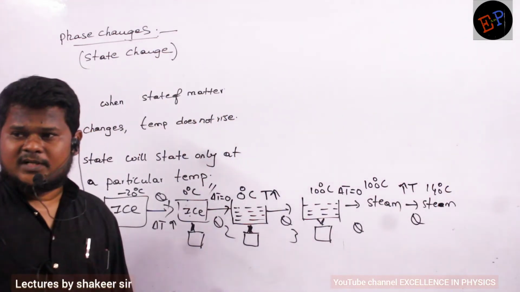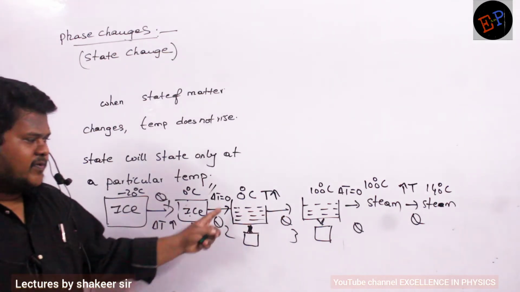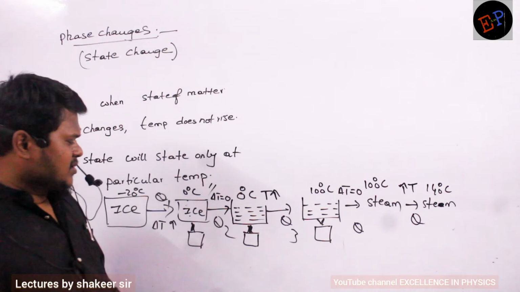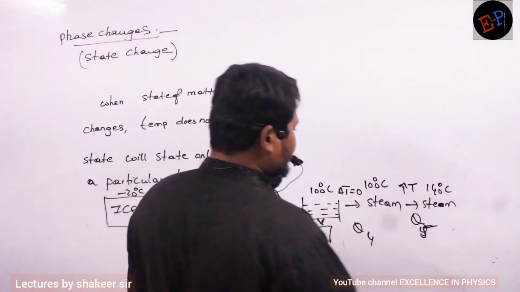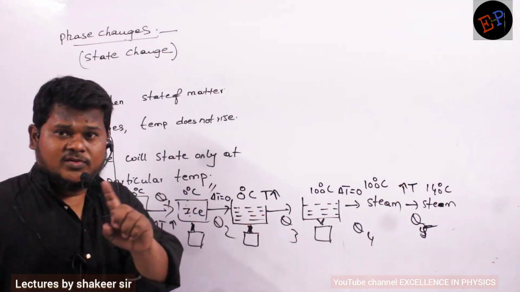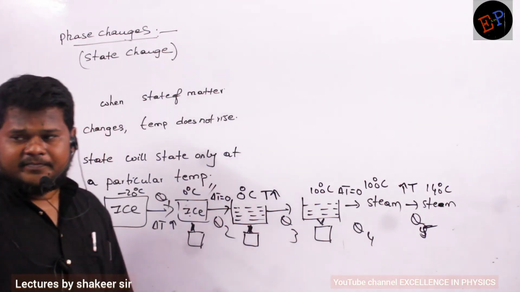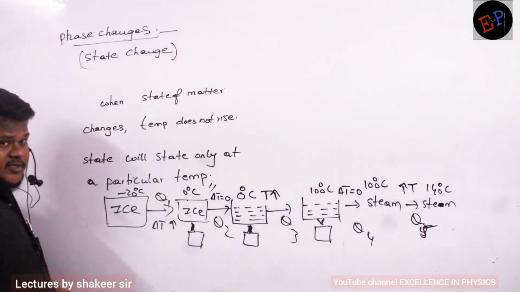So are you able to understand what the total process is? In this total process, everywhere we are supplying heat energy: Q1, Q2, Q3, Q4 and Q5. But at some conditions, the temperature is not changing. What is that condition? When the state is changing.